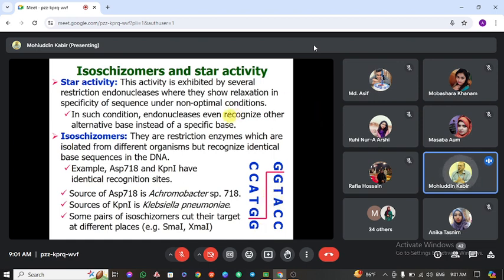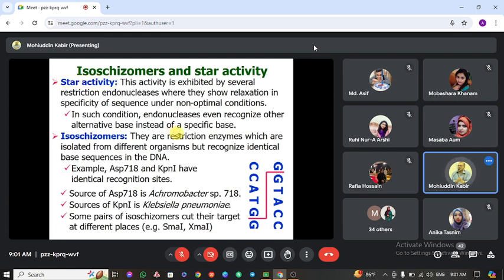So if the conditions are not optimal, then some artifacts are produced. Those artifacts are called star activity.